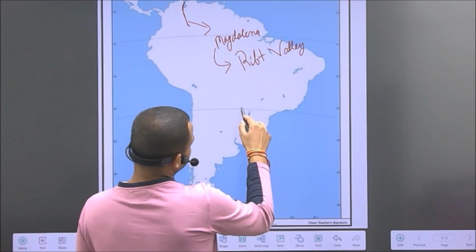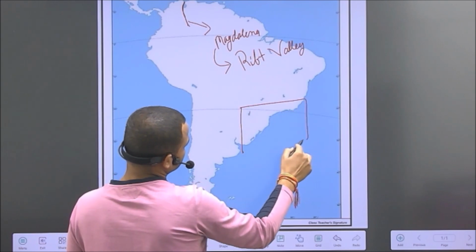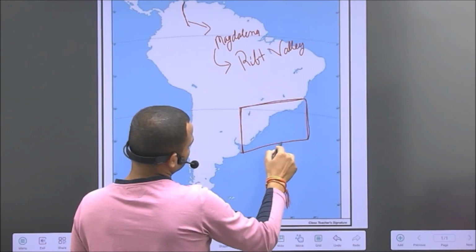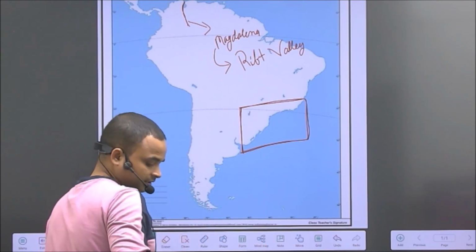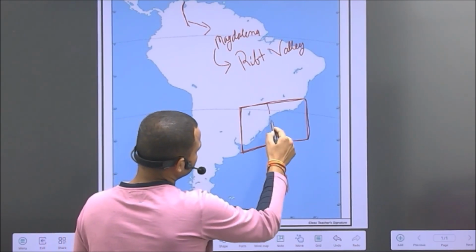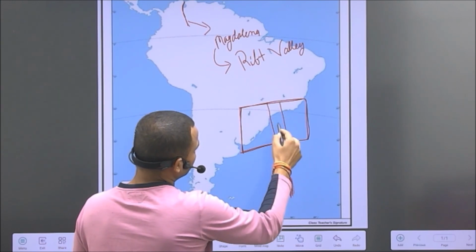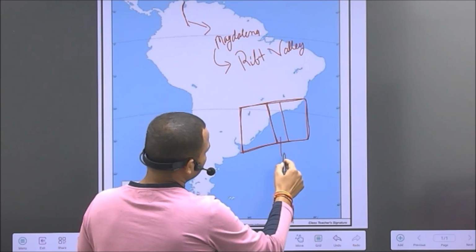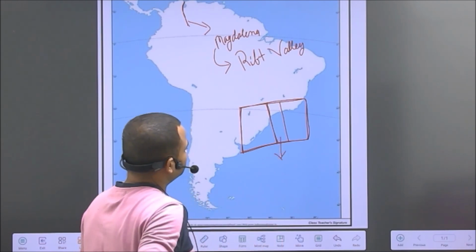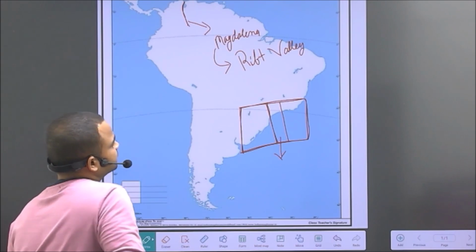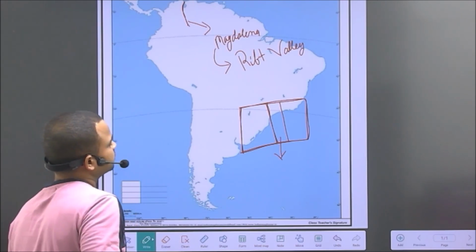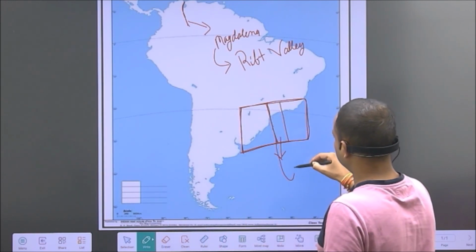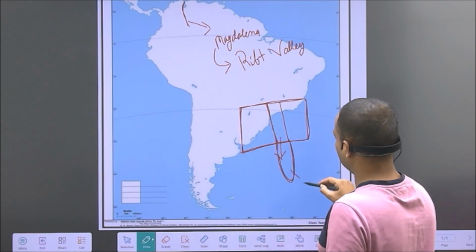If this is the total land area in that place, and if some land area of that place has gone downward due to external or internal or both forces, that valley is called a Rift Valley.